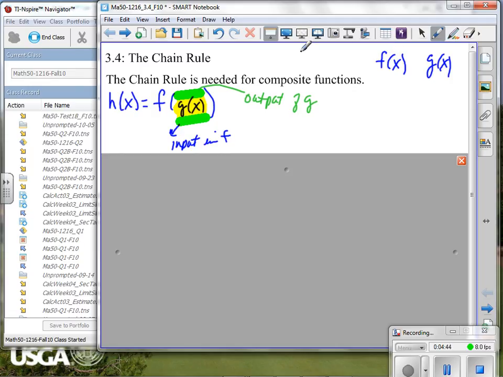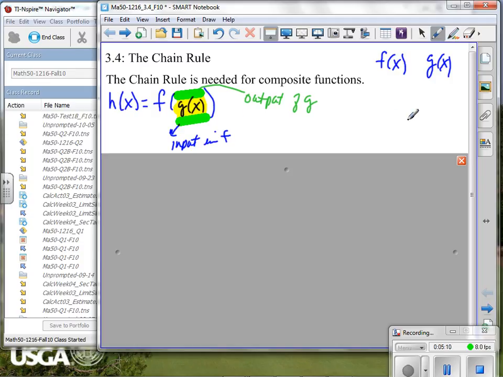Now, can you put shoes on before you put socks on? Not if you're going to do it correctly, right? And so that's the idea of a composite function. You start with one action, starting point, input, get an output, and that output becomes the starting point for the second one. Again, we have to understand what composite functions are. Otherwise, we're going to be completely lost in this discussion.